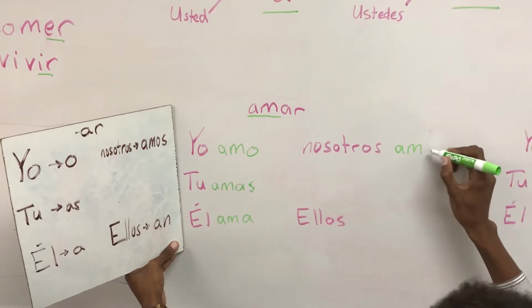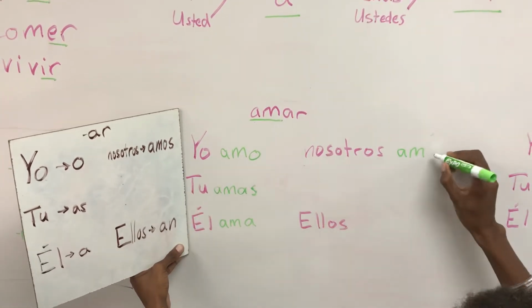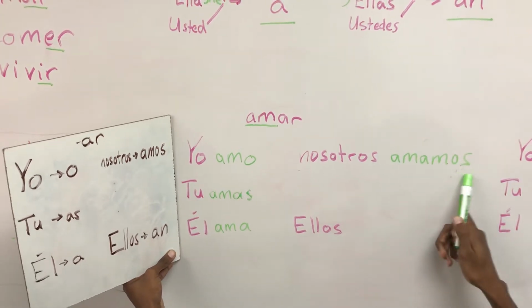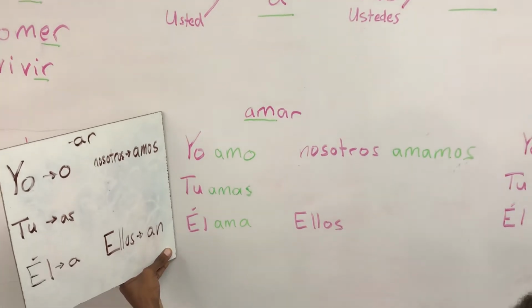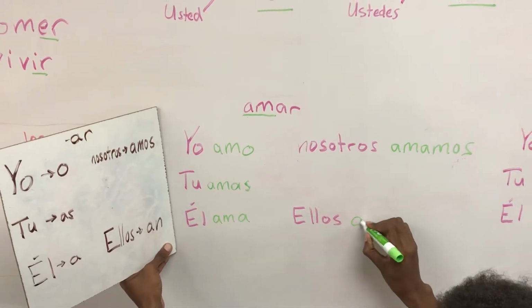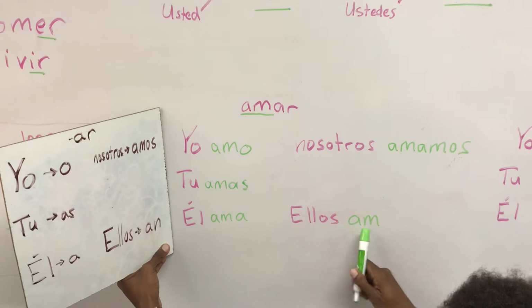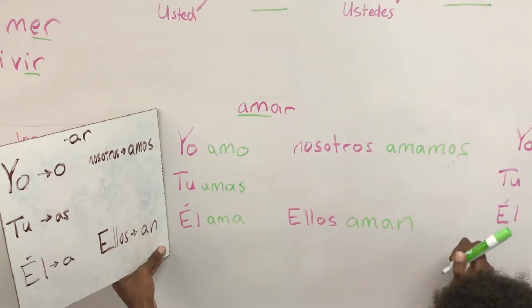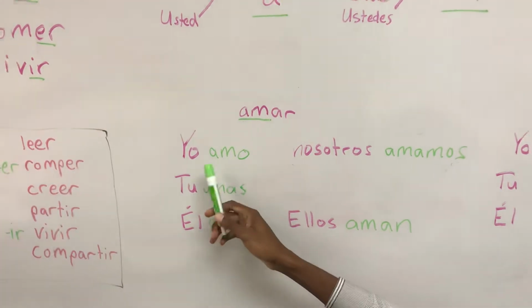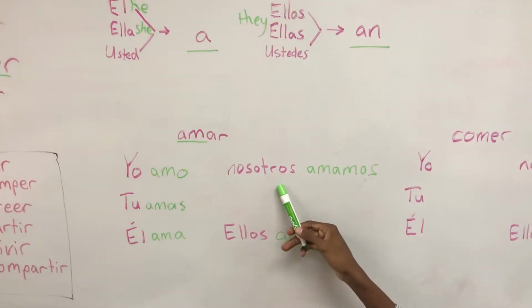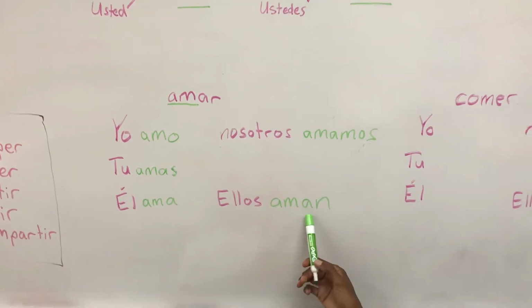Amos. Nosotros amamos. Alright, now ellos. So let's write the stem first. Alright? A-N. Ellos aman. So, yo amo, tú amas, él ama, nosotros amamos, ellos aman.